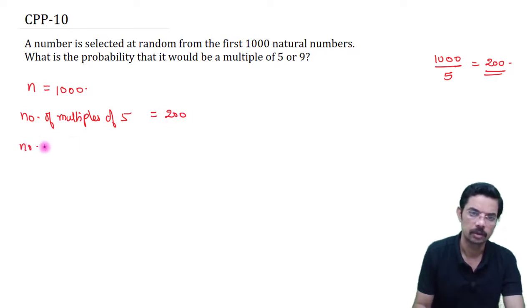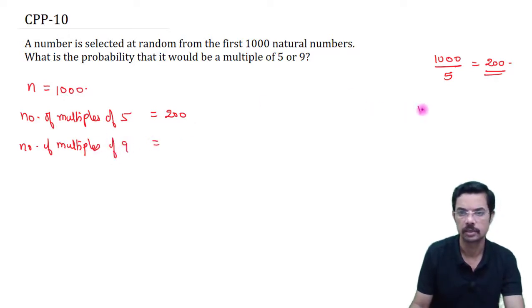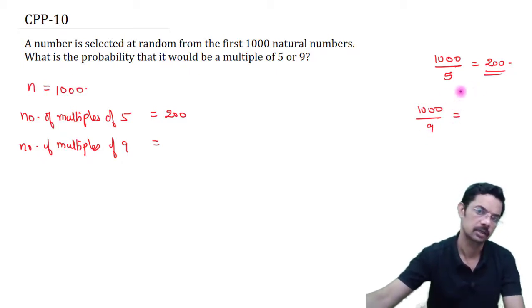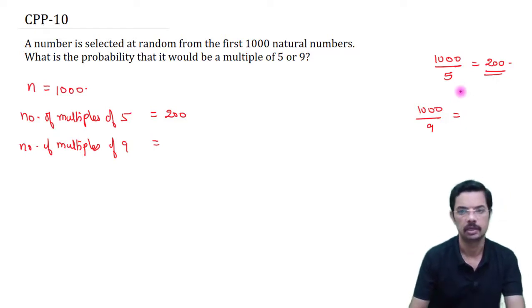Then the number of multiples of 9 can also be found. This is 1000 divided by 9.